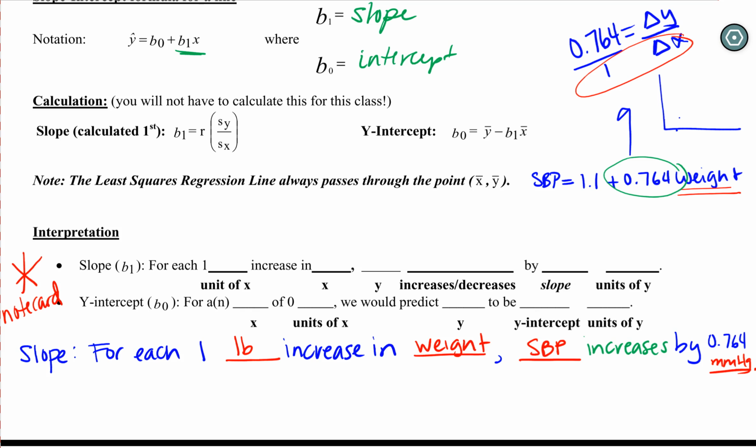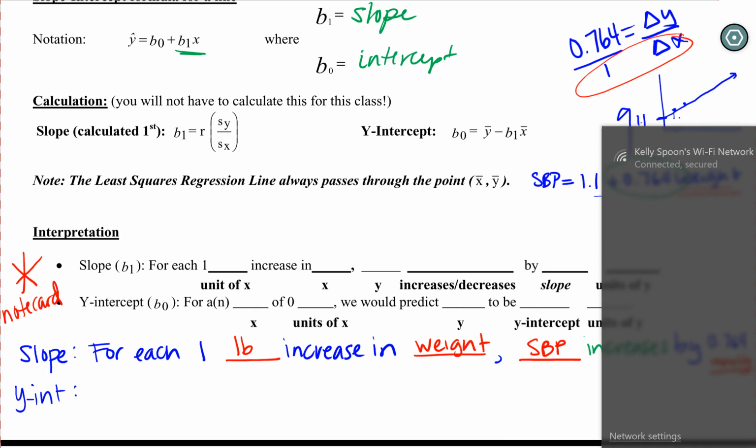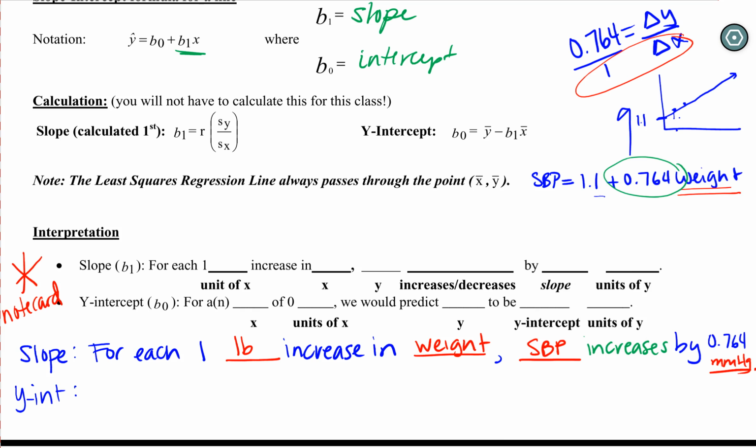Now, the intercept is also here in terms of interpretation. So let's go ahead and look at that. So our y-intercept, if we were going to graph this line, we would start right at 1.1, and then we would start doing the over 1 up 0.74, over 1 up 0.74 to find our line, right? So the y-intercept is where we cross the y-axis, it's actually the value if our x is 0, right? So we're going to go ahead and write this sentence.